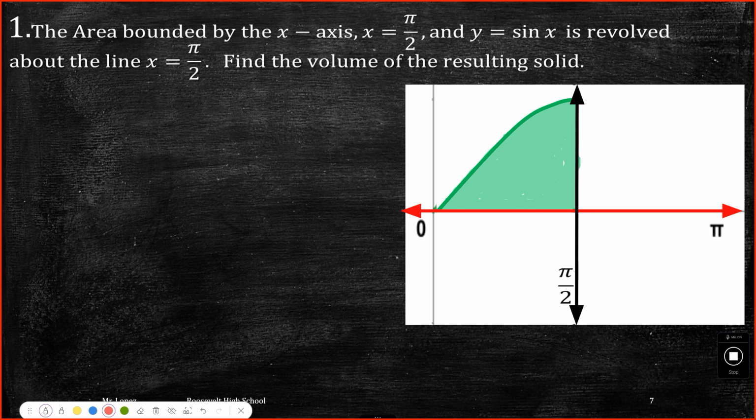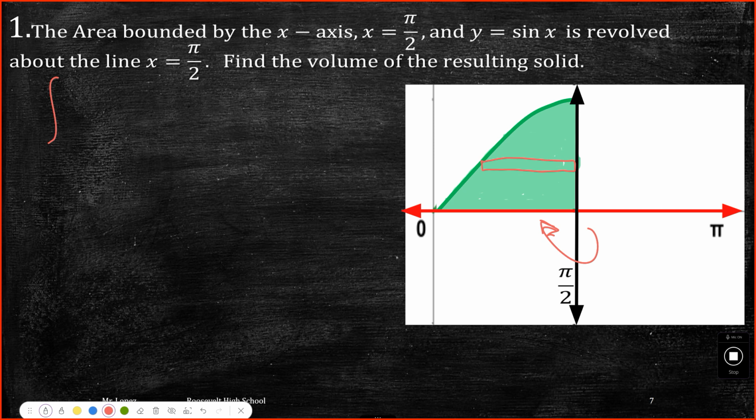Okay, so is it going to be dx or dy? How do we quickly know? It's revolved around x equal to this, so the slices are always going to be perpendicular to this, like this.